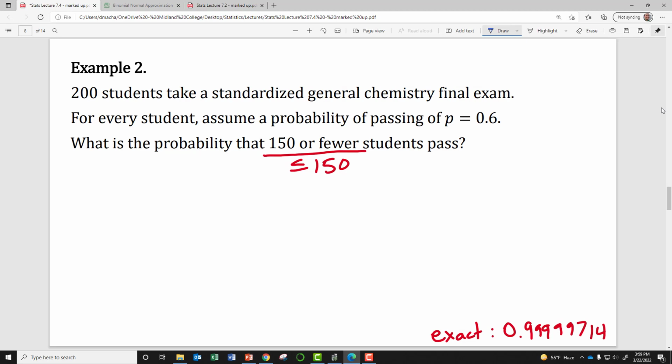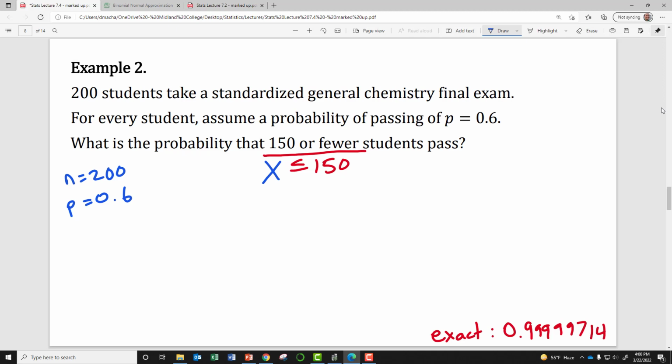And now let's suppose that we want to use the normal approximation. So I'm switching back to my blue pen for my normal approximation calculation. So that's n and this is p. What I'm trying to calculate is the probability that less than or equal to 150 students are going to pass, right? So we want the random variable to be less than or equal to 150.